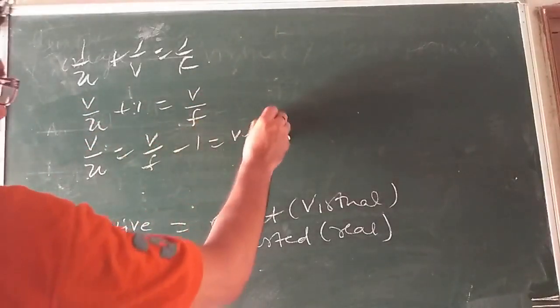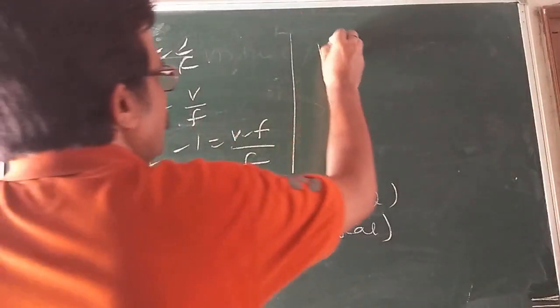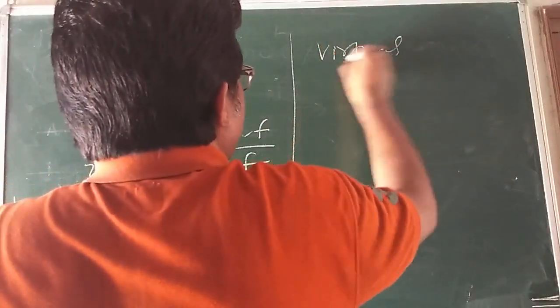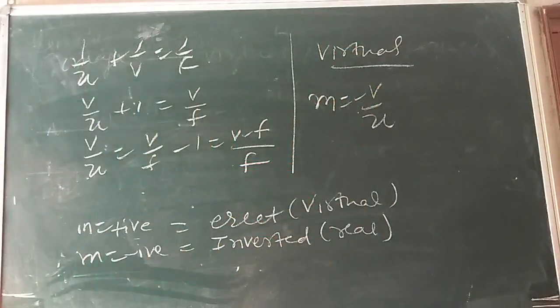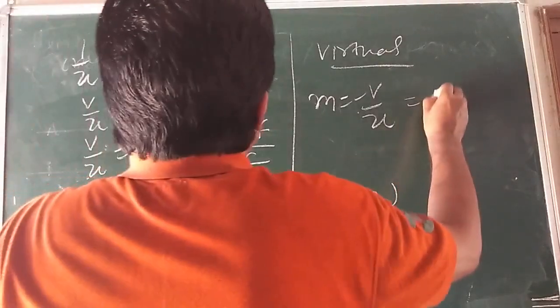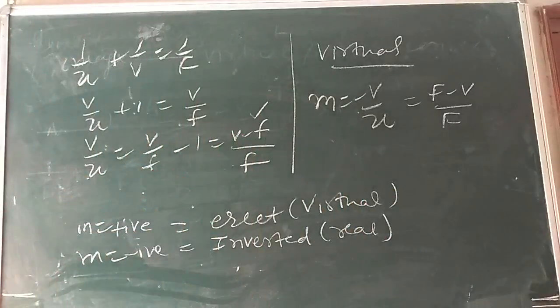That is v minus f by f. So for a virtual image, m is equal to minus v by u. So I can write here f minus v divided by f from here. Minus sign, that's why.